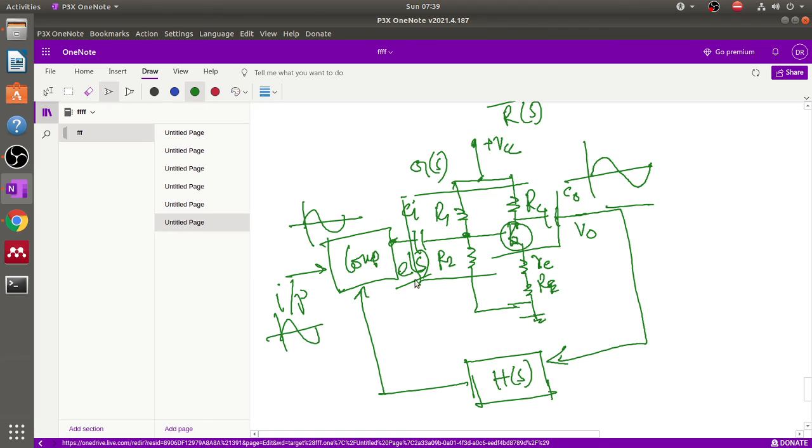Okay, so if we change this error signal, then the amplifier gain is also adjusted, and we can also change this amplifier gain by using RE. This is just an example to show how these block diagrams work with each other, and to control the circuit or the network parameters. So this is very important.